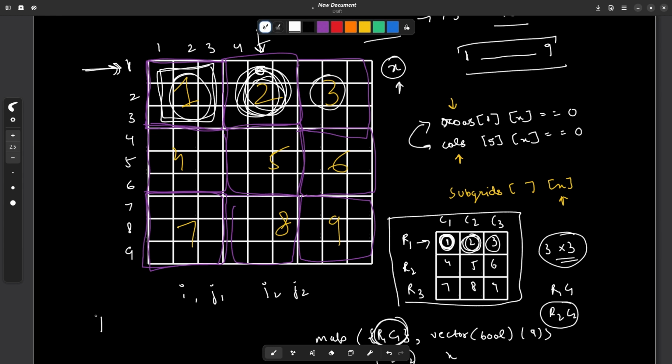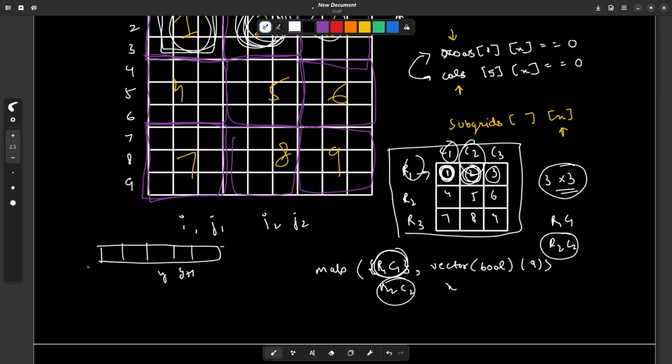It is always stored in a single dimension array, and they use some mapping function to identify that R1C1 will be present at index y, and then R1C2 will be present at index y plus 1, and so on, right? So all of this information of even double dimensional or multi-dimensional vectors is essentially stored in a single dimension array or vector in memory, right?